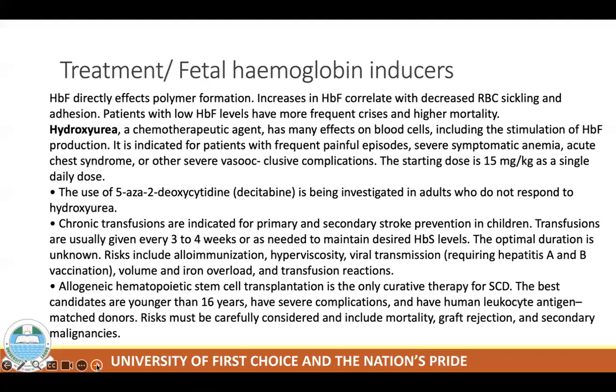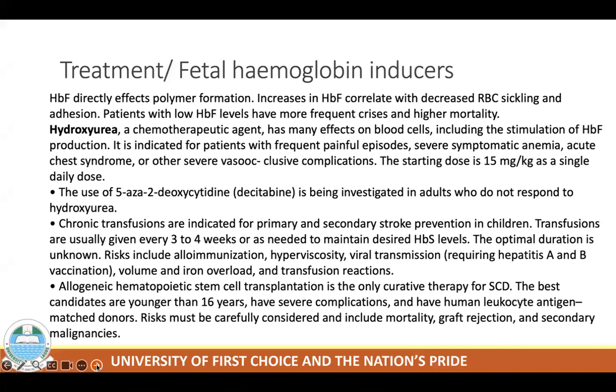If you remember, we mentioned that the symptoms that even allow you to detect the condition usually come up when fetal hemoglobin is substituted with the sickle hemoglobin, right? So patients with low levels of fetal hemoglobin have more frequent crises and a higher mortality rate.